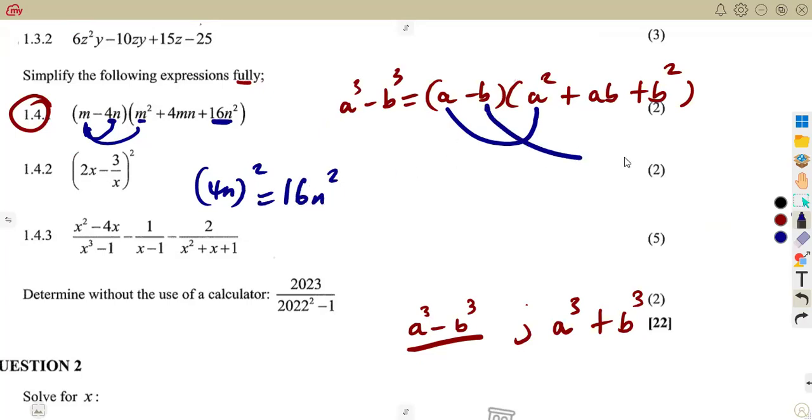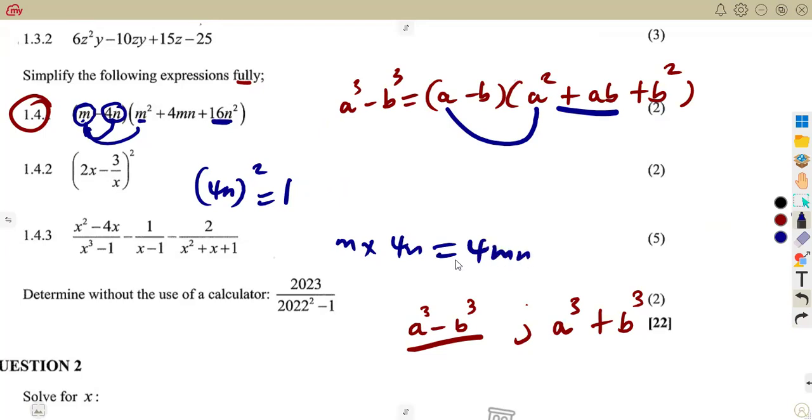This b here is the b squared, exactly the same format. What about this part of ab? Is it the same format? If you multiply our a, which is m, and this one, which is what? Take note, don't count the negative. Take the terms m and what? m and 4n. Multiply them. You get 4mn. Exactly this part here, 4mn.